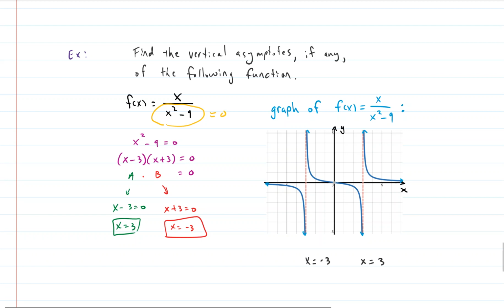We can factor x squared minus 9 into x minus 3 and x plus 3. That's what x squared minus 9 factors into. And then we can take both of those, x minus 3, x plus 3, set them equal to 0 and solve. And we get x equals 3 and x equals minus 3.